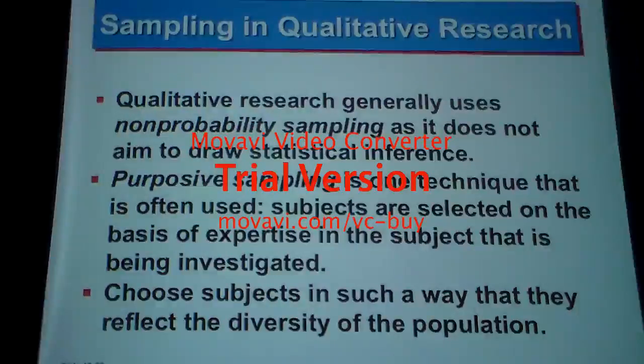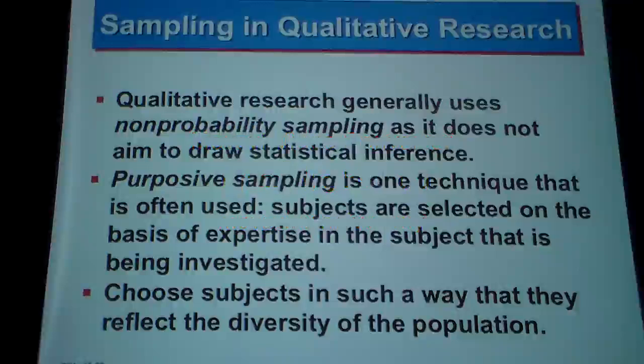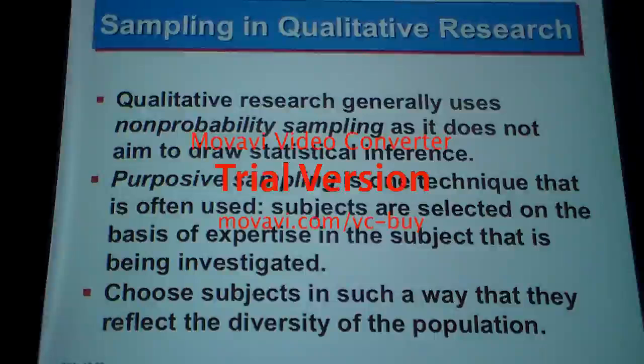No, here it is on the basis of expertise. Choose subjects in such a way that they reflect the diversity of the population. So who can judge these things? People who have experience in this, people who can look at it in different ways.